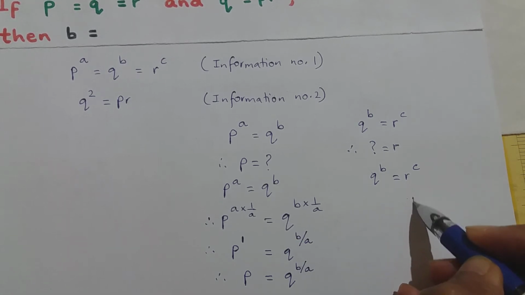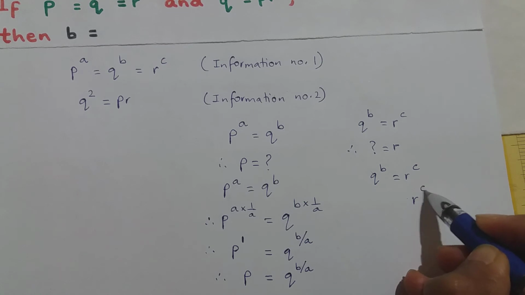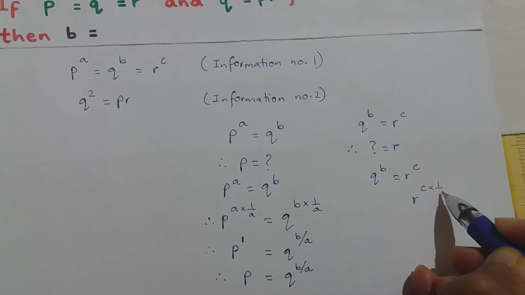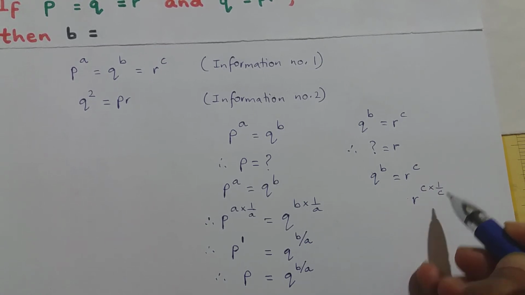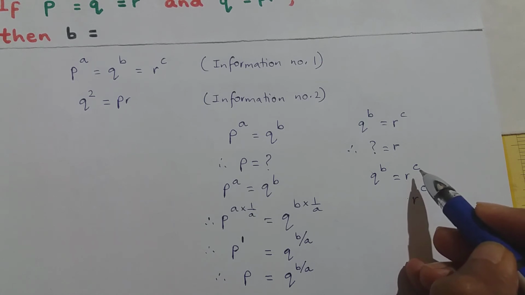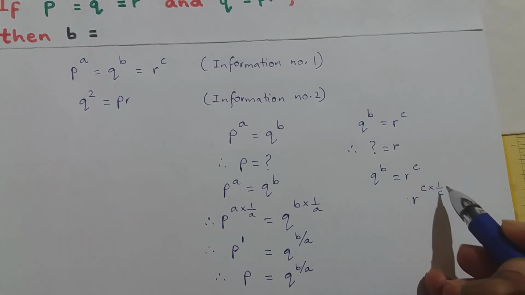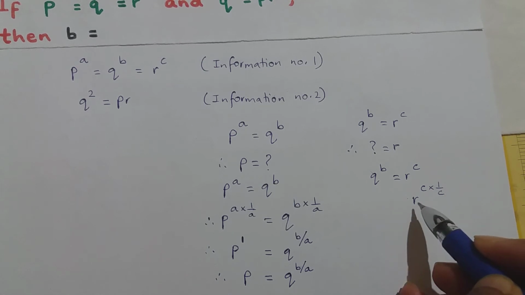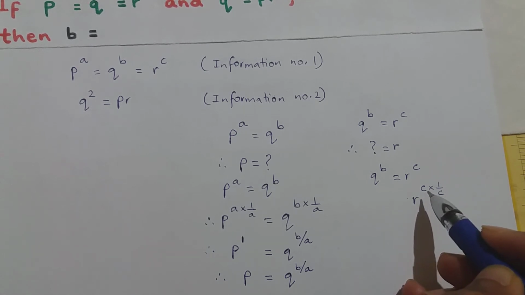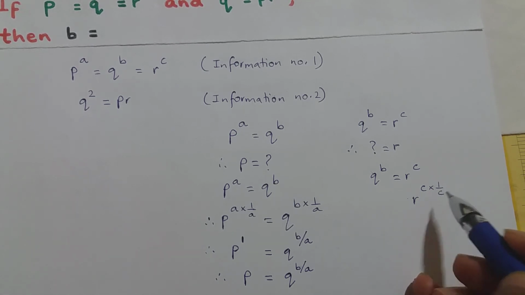So it is r to the power c into 1 by c. What I have done is I have multiplied this power with 1 by c.